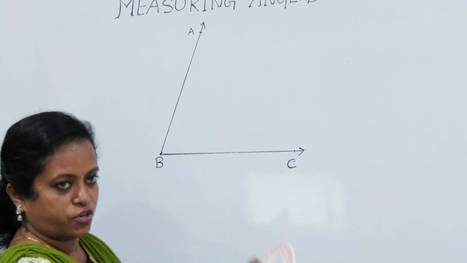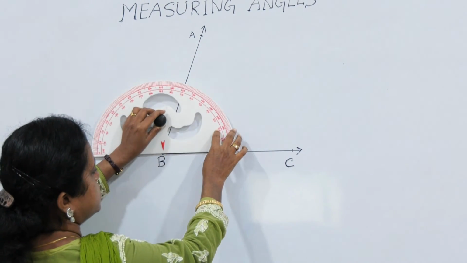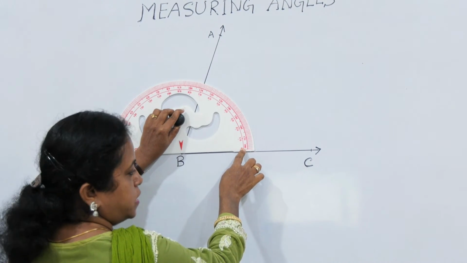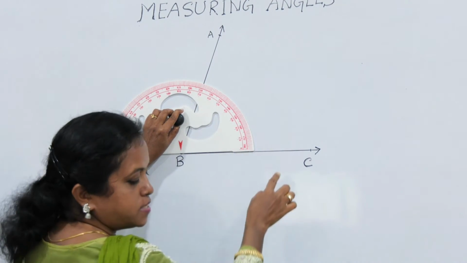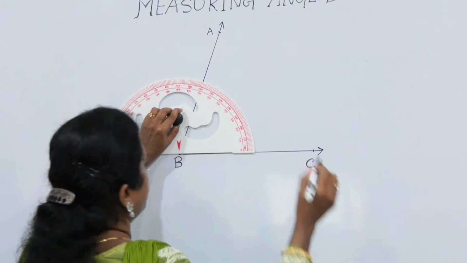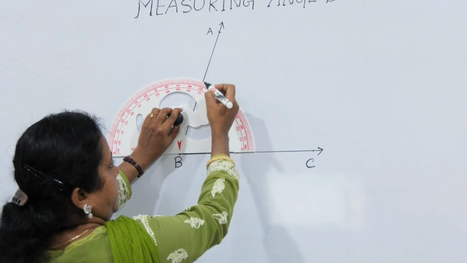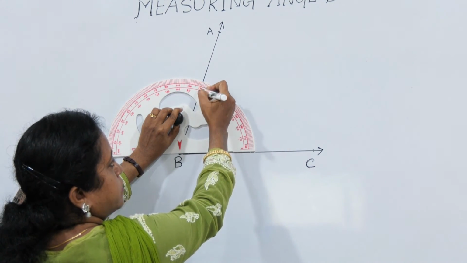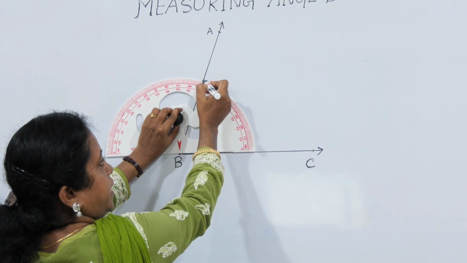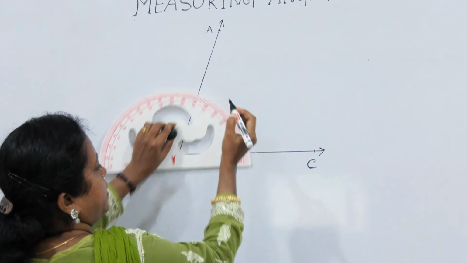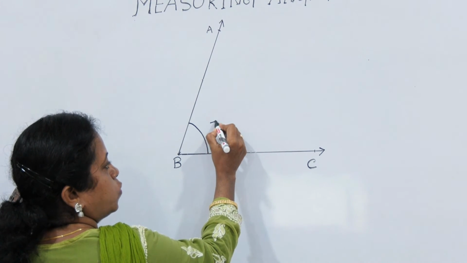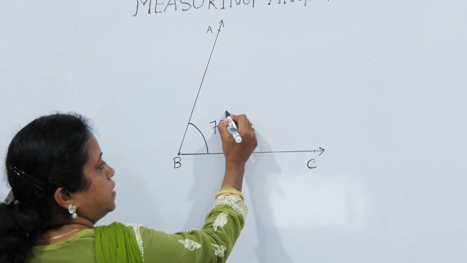When you place a protractor at the vertex, you have to choose the reading which starts from 0 on your base, that is BC. So here you will see that the ray BA falls on the mark starting from 0 and ending at 70. That means the angle which is formed here is equal to 70 degree.